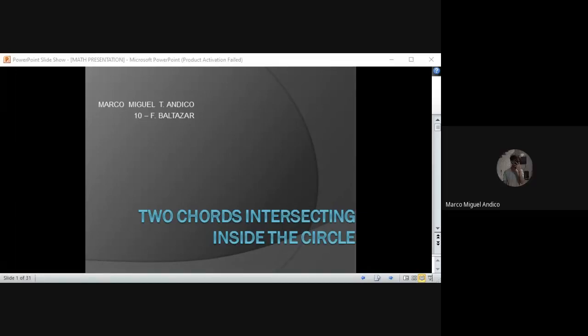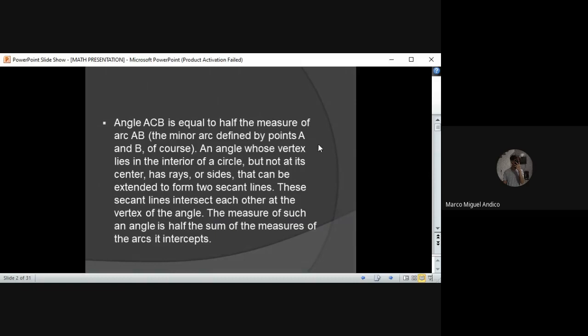Good afternoon, everyone. I'm talking about the two chords intersecting inside the circle. Angle ACB is equal to half of the measure of arc AB, the minor arc defined by points A and B, of course.